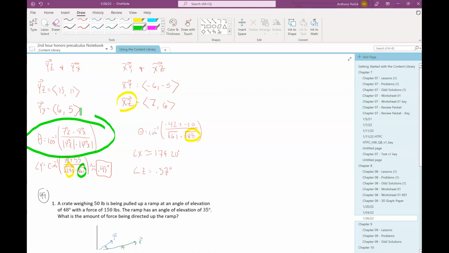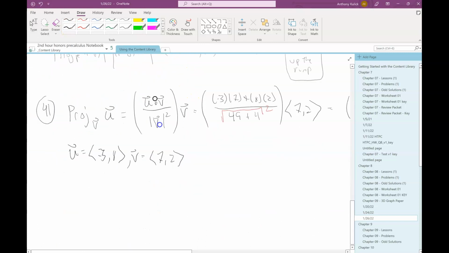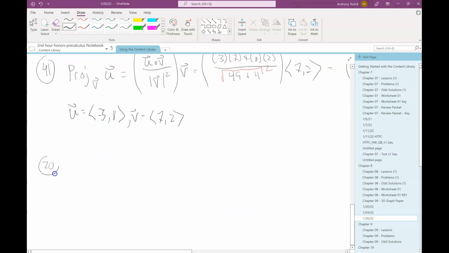Alex, I see your hand. Number 20. Here we ask: find the unit vector in the same direction as the indicated vector, and write it in component form as well as linear combination form.